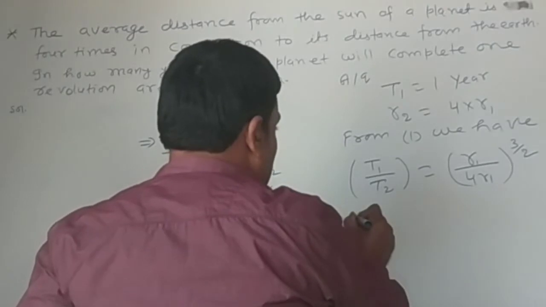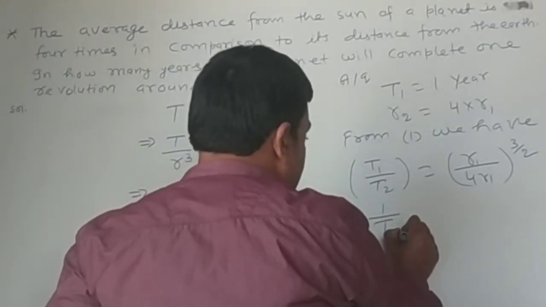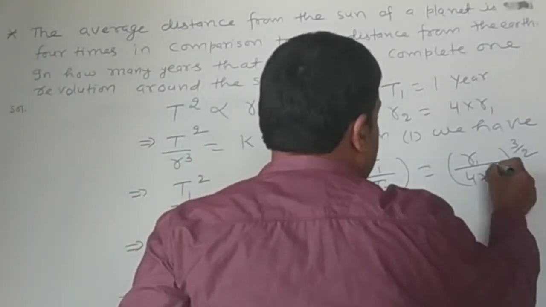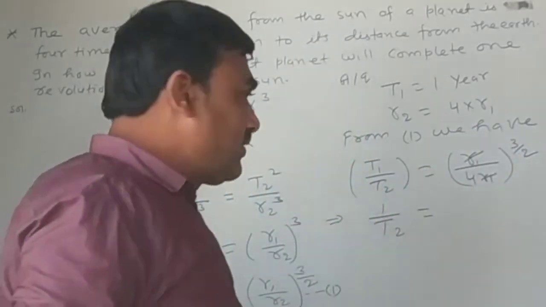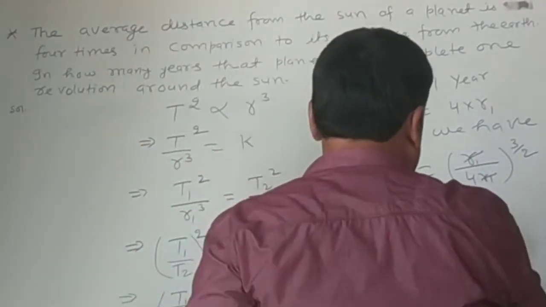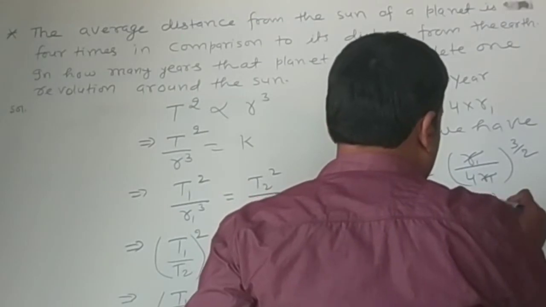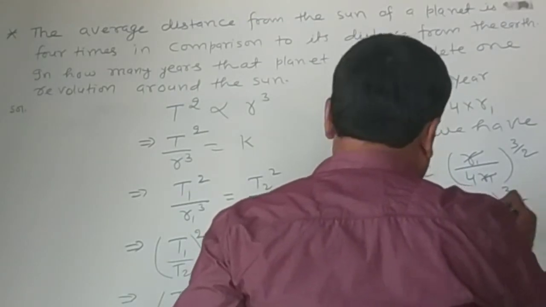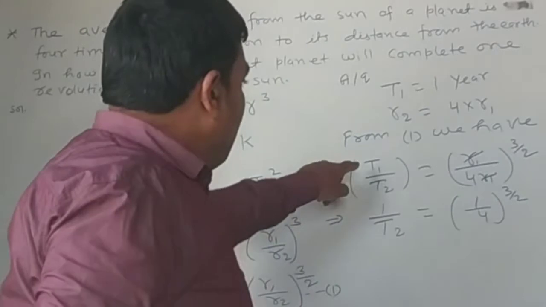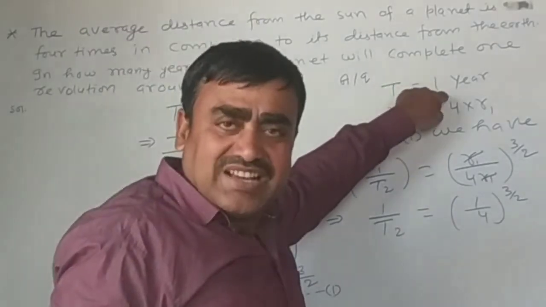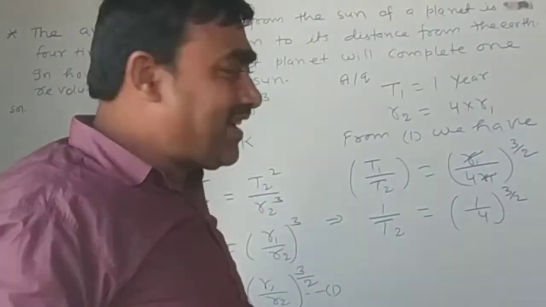It can also be written as 1 by T2 is equal to, this R1 cancels this R1, 1 upon 4 to the power 3 by 2. The value of T1 is 1 year according to the question.